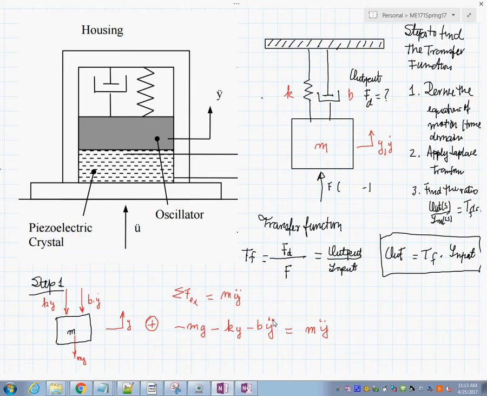So this is my differential equation. Oh, I have a little mistake in here. This is not double dot, but just one dot. Okay, so this is the differential equation. So we have done step number 1.